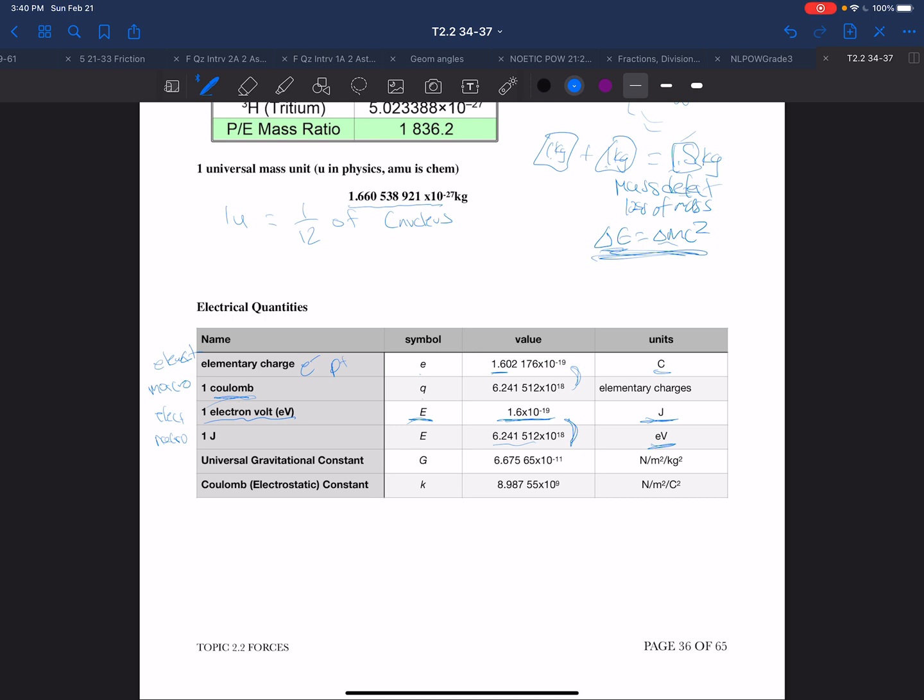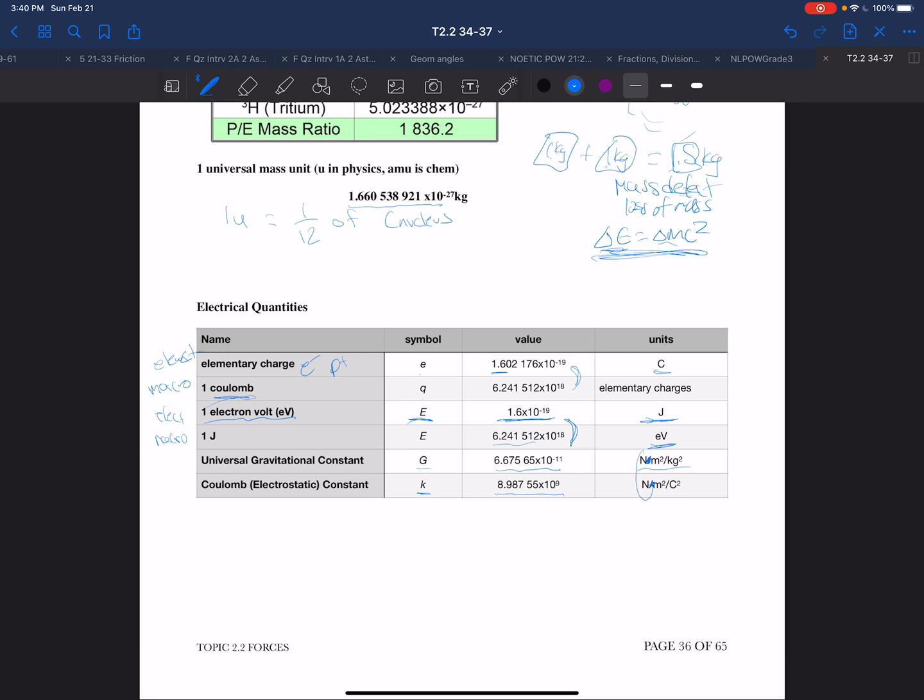And the last important thing to illustrate is we, of course, know the universal gravitational constant, G, which is this number. And it has units of Newton meters squared per kilogram squared. Whoops, that's supposed to be Newton times meters squared per kilogram squared. And now there is also another constant we are going to learn, the Coulomb, or the electrostatic constant. It is the little letter k, not to be confused with the spring constant, Hooke's law, but it's the Coulomb constant, and it has a value of 8.9 times 10 to the 9th Newton meters squared per Coulomb squared.